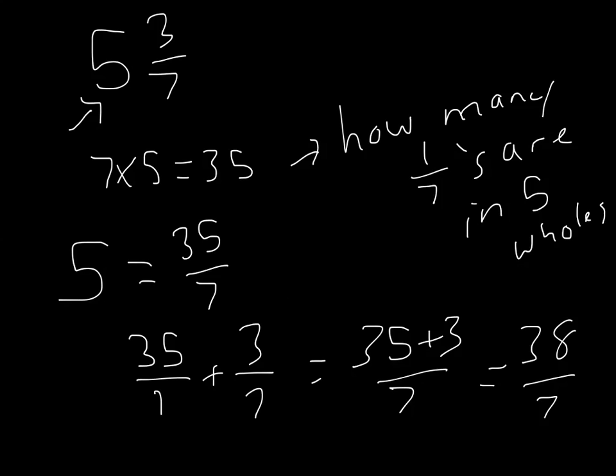It's the way Shahad did yesterday. The other way that you might want to consider it is 5 and 3 over 7 is really 1 plus 1 plus 1 plus 1 plus 1.